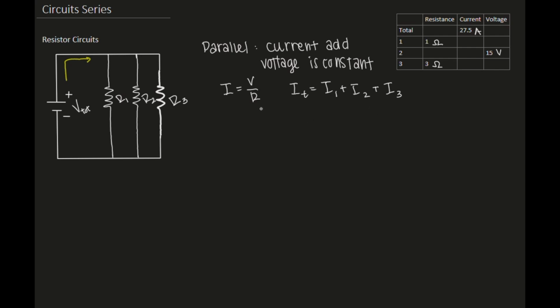It's the inverse of the sum of the inverses of the resistors. The equation looks like this: R total equals 1 over the quantity 1 over R1 plus 1 over R2 plus 1 over R3. Another way you might have seen it written is 1 over R total equals 1 over R1 plus 1 over R2 plus 1 over R3.